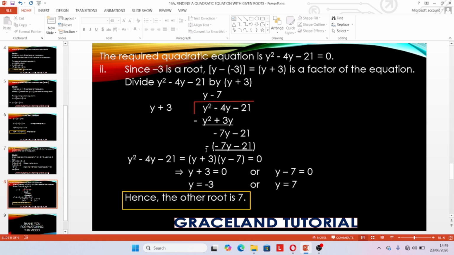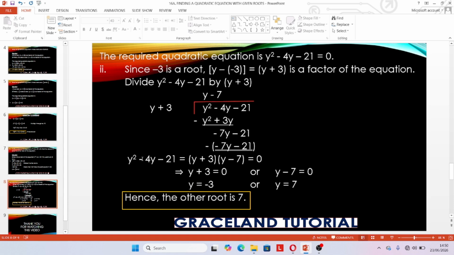So this is going to be minus times minus plus. So minus 7y plus 7y will be 0. Then again, minus 21 minus minus 21. Minus times this minus 21 is plus 21 now. So minus 21 plus 21 will also give 0. So which means we have another factor, which is y minus 7.